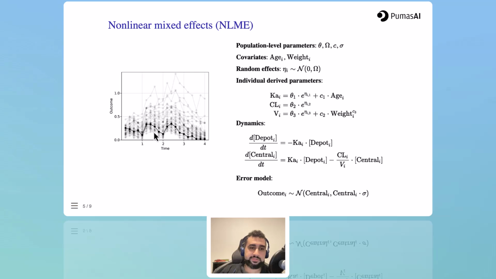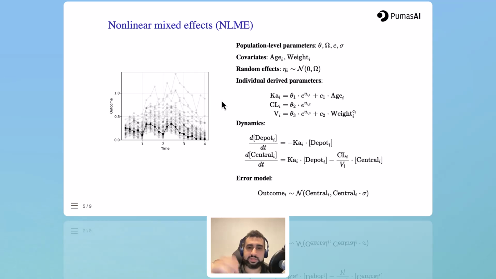As you can see here, this variability is a systematic difference between the subjects and not just some random noise. In a more classical machine learning context, you would just fit a curve through all these points and treat all of them as noise, but that's not the case here.